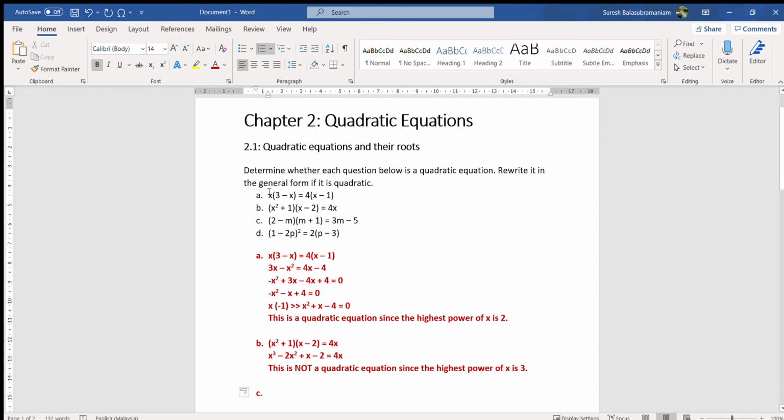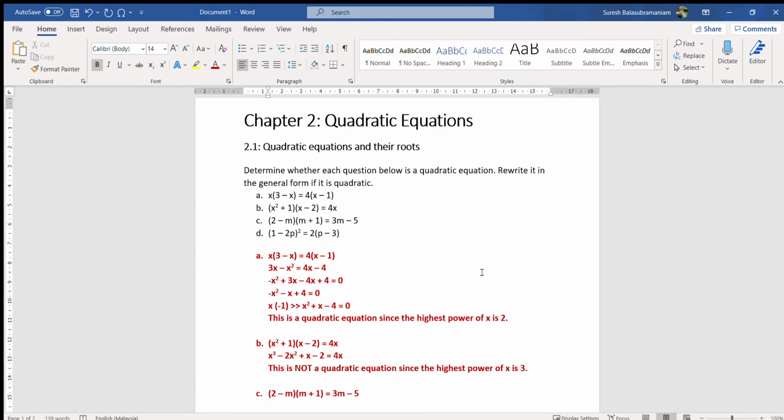Okay, moving on to next question, C. I'll just copy the question from the top. So we have (2 minus m) in bracket (m plus 1) equals to (3m minus 1) minus 5.